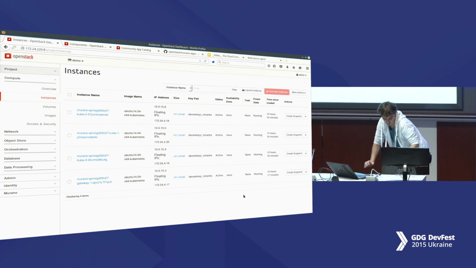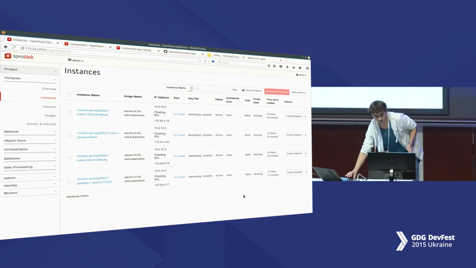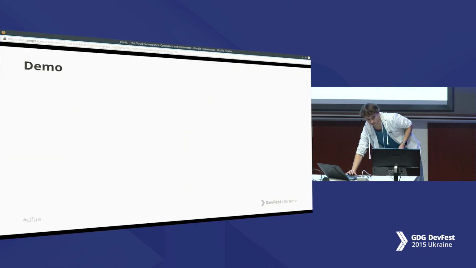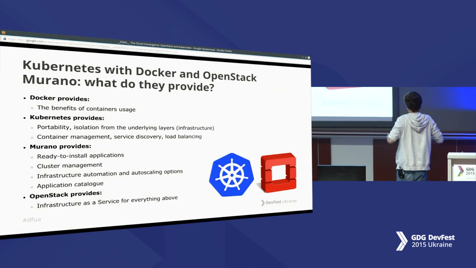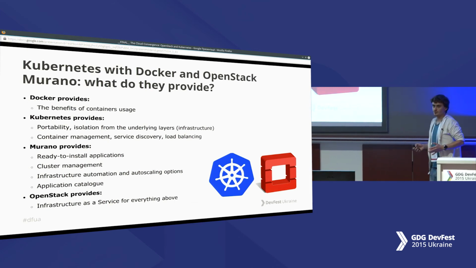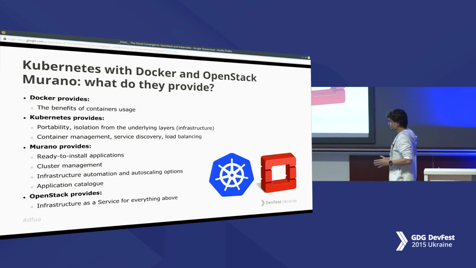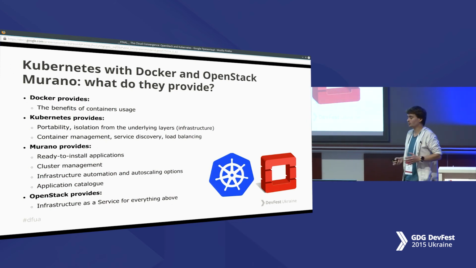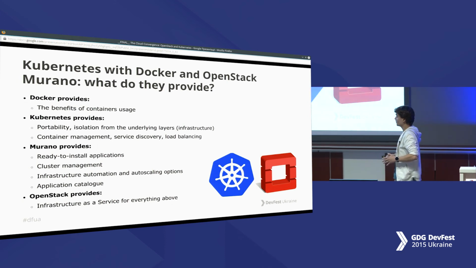So, the conclusion: Docker with Kubernetes is a strong and solid complex that allows you to avoid some issues while you try to deploy your applications on the basis of your own cloud.